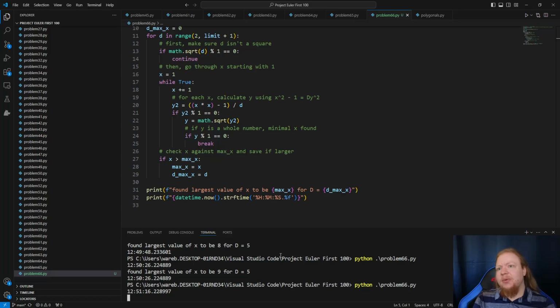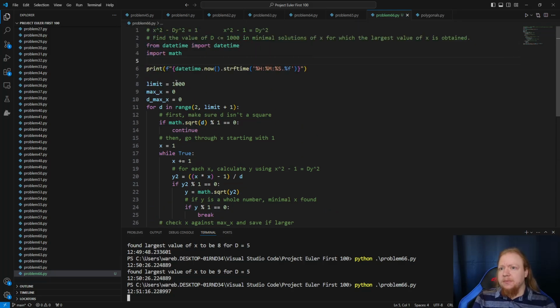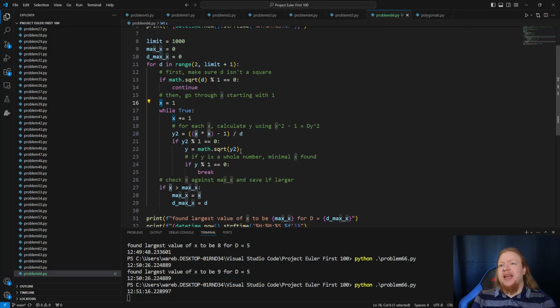Okay, so this is taking a little bit longer, obviously, because this is sort of an n squared, in that we're only going through 998 values for D, but for each value of D, we're going through effectively every number X until we get to the correct Y, which could be quite a while.